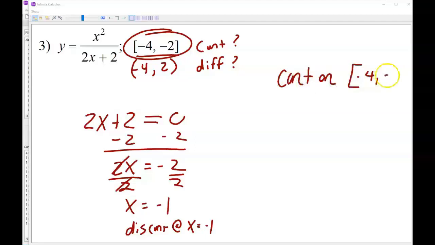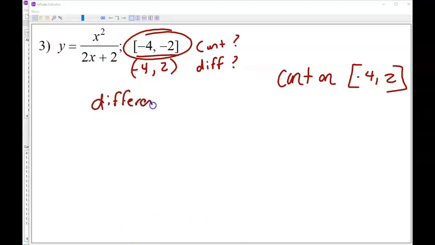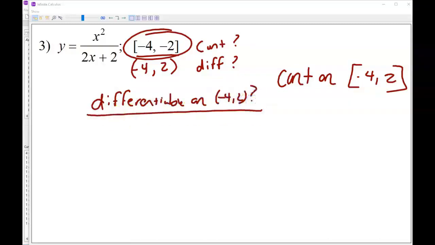Now we want to see, is it differentiable? So now let's see if it's differentiable. Step 1, derivative. So this is a rational function.